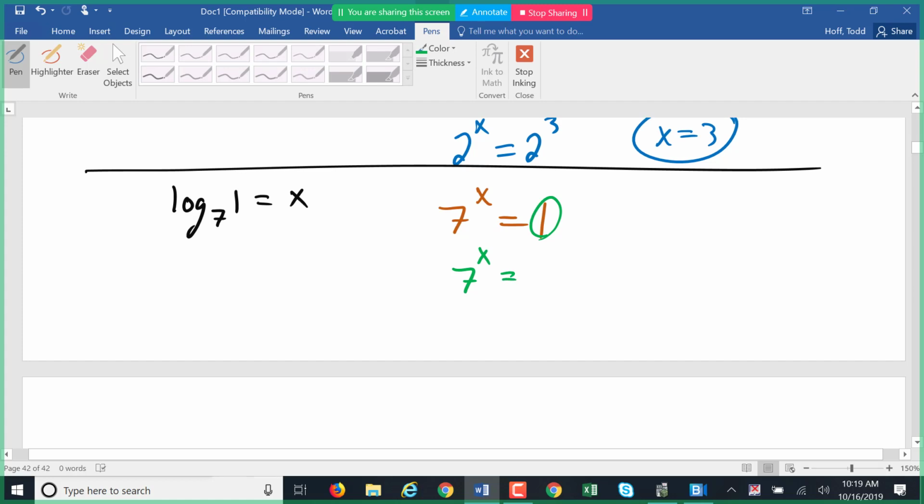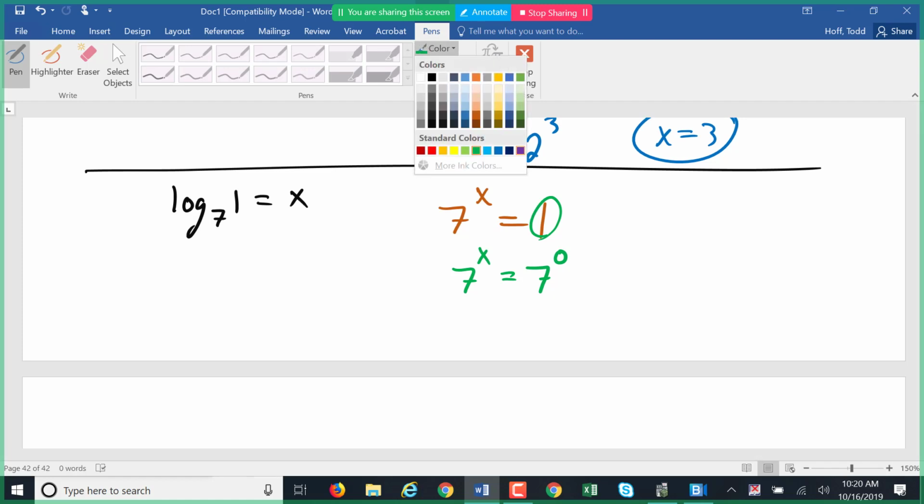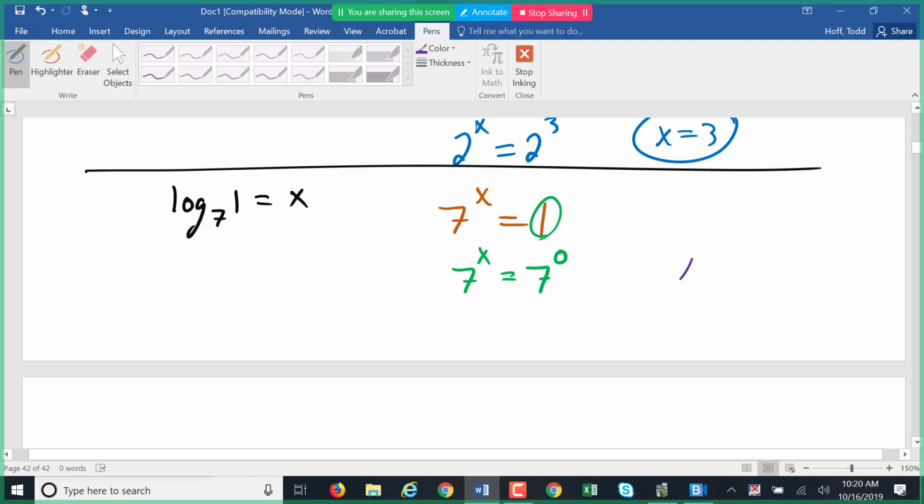Right, so how can I write 1 as something to a power other than 1? Well, remember, anything to the power of 0 equals 1. That is 7 to the power of 0. So if 7 to the x equals 7 to the 0, x equals 0.